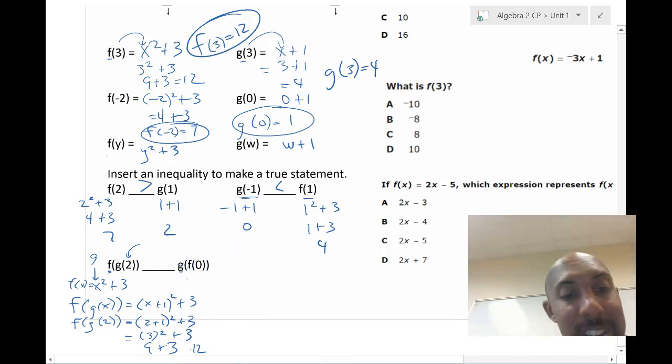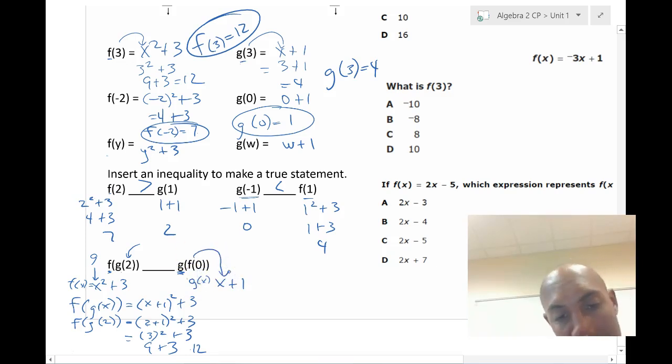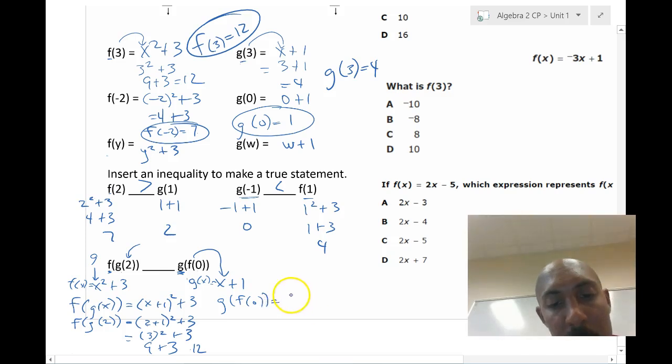Then the second one is g of f of 0. So if we start with that letter, that means that's our main function, x plus 1, g of x. And then f is going to be plugged into the g of x this time. So now g of f of 0 will be equal to, well, I'm just going to plug the f of x function into the g.